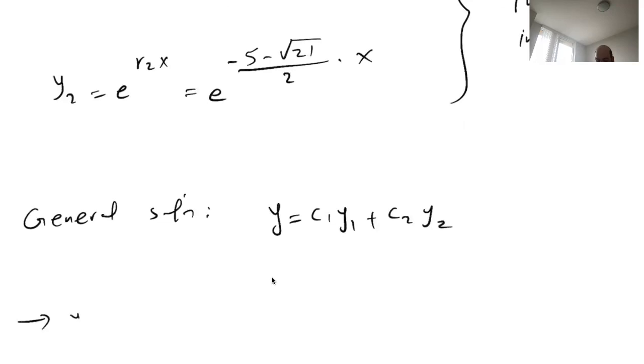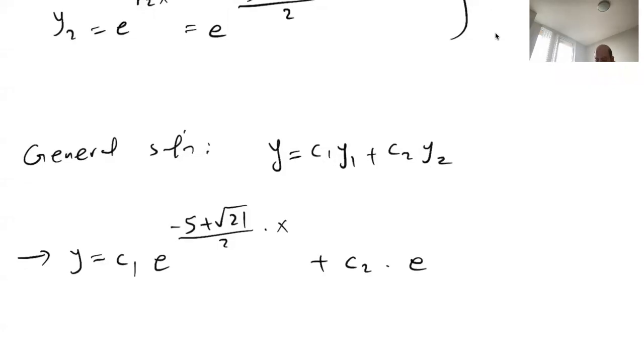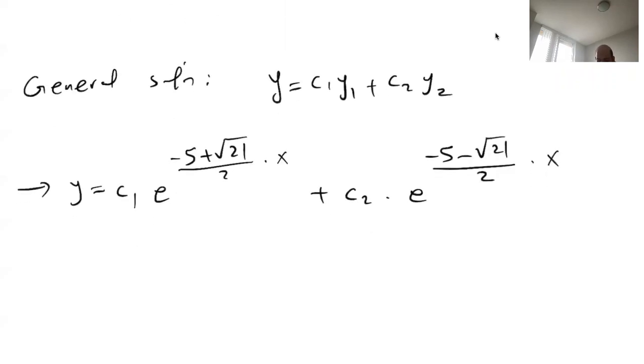So that means y equals c1 e to power -5 plus root 21 divided by 2 times x, plus c2 times e to power -5 minus root 21 divided by 2 times x. Lastly, to find c1 and c2, use the initial conditions.